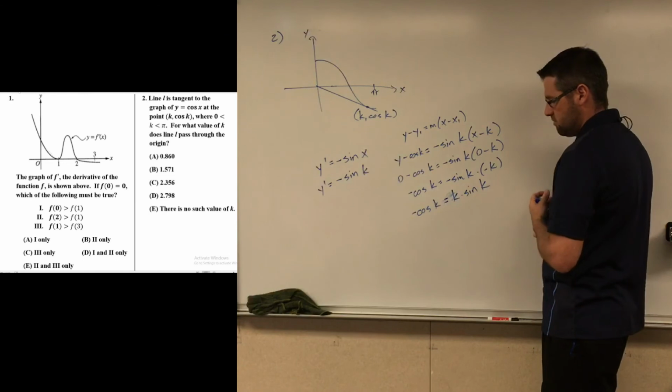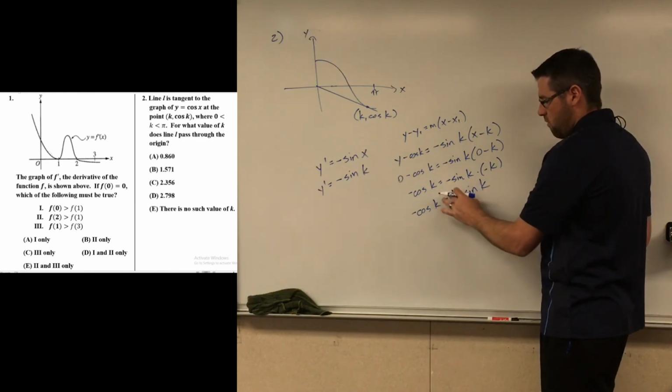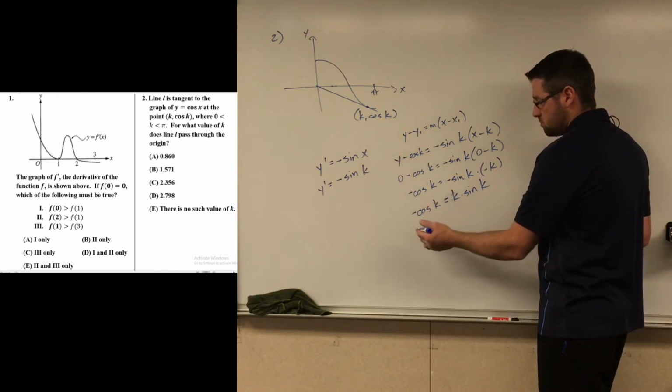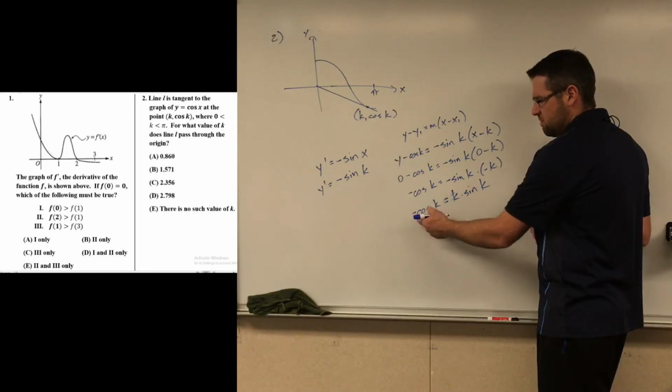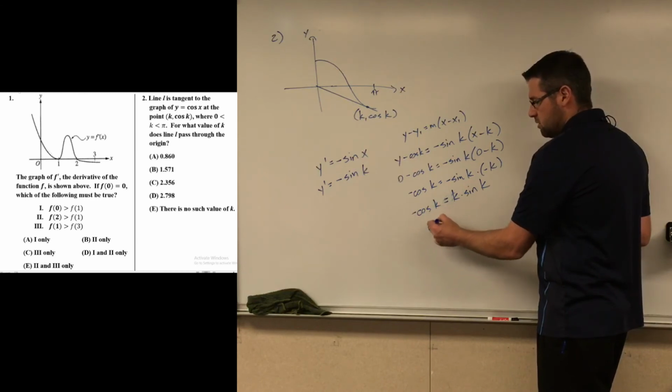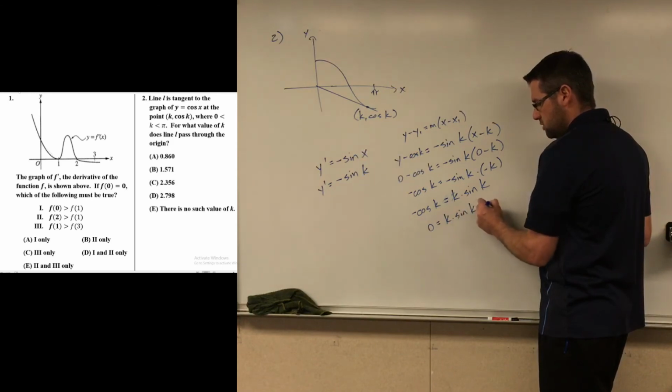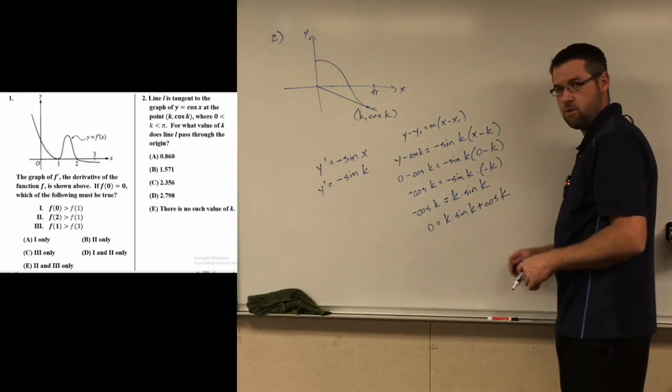How am I going to solve that? Can you divide, and cosine over sine is something? That's going to make this 1. I don't want that. Make it 0. 0 equals k times sine of k plus cosine of k. And now what?